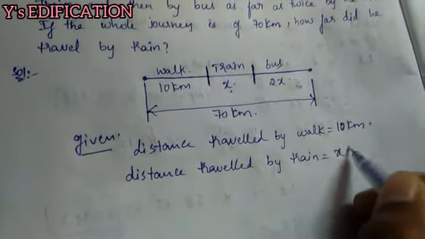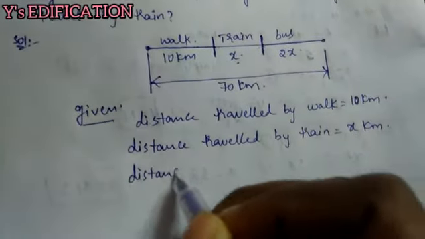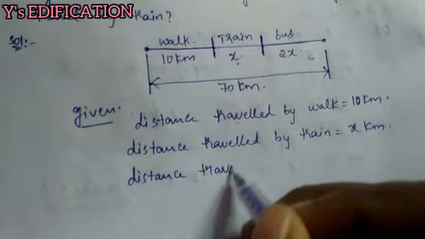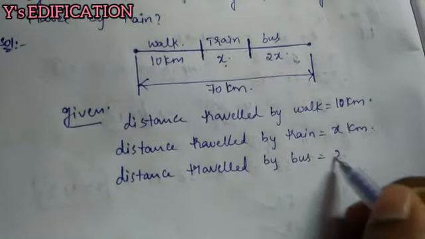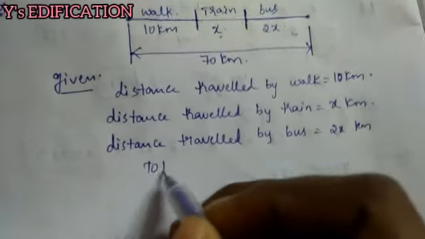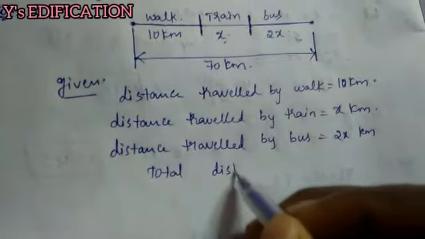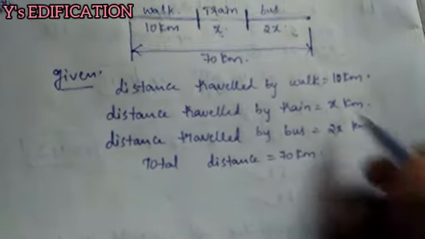He traveled x kilometers through train. We don't know the distance he traveled in train, so we are assuming it as x. Distance traveled by bus is twice the train, so 2x. What is the total distance he traveled? The total distance he traveled is 70 kilometers. Now when we add all these three, we have to get 70.